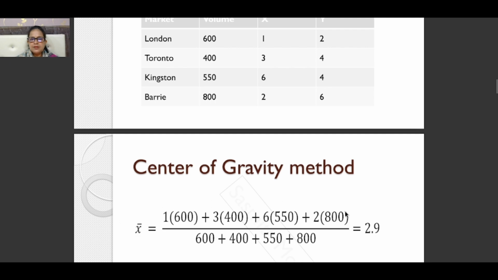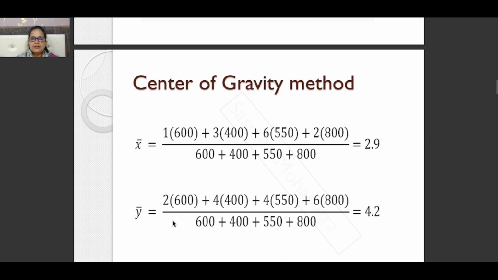This is our total sigma Xi Qi, divided by sigma of Qi. Sigma of Qi is the quantity, that is 600 plus 400 plus 550 plus 800. So the central X coordinate is 2.9.